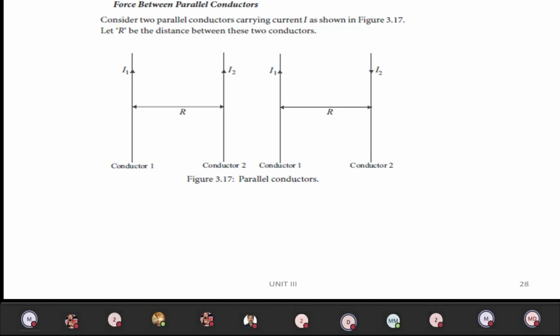What will be the force between one conductor over another conductor? So we have two conductors, conductor 1 and conductor 2.